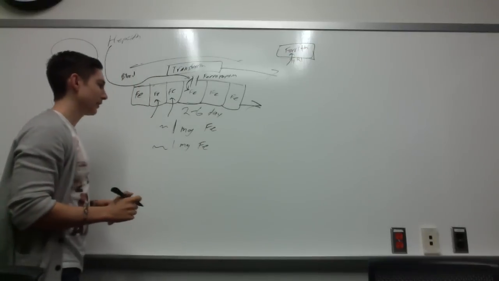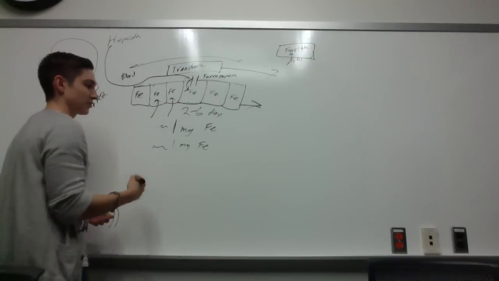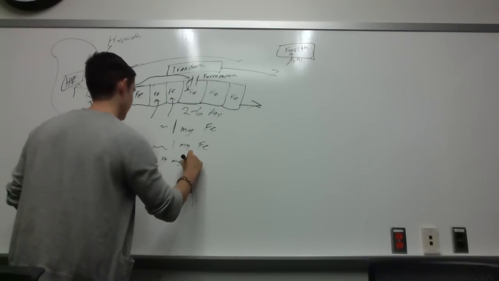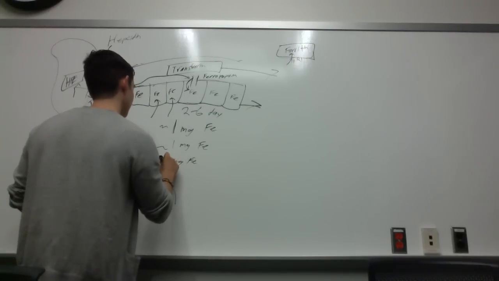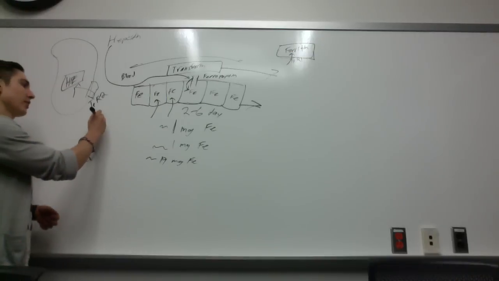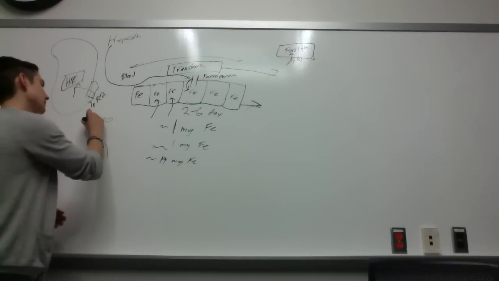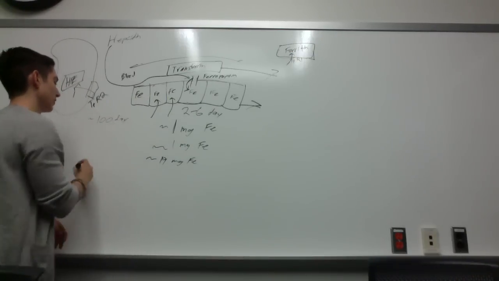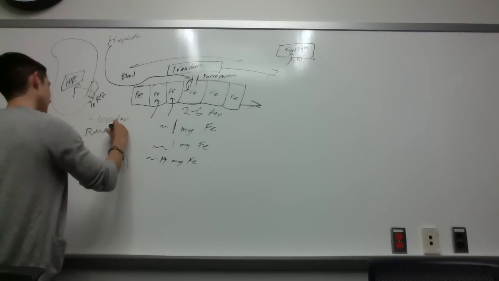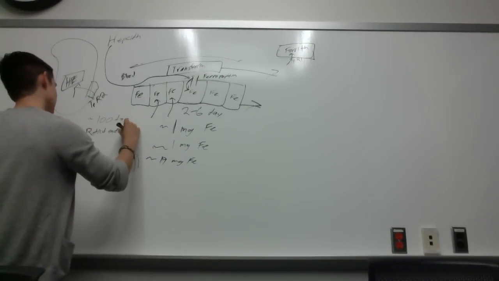And then the rest of it is actually recycled. So approximately 19 milligrams of iron is recycled. So the hemoglobin is recycled. So when red blood cells reach approximately 100 days, they will be absorbed by reticuloendothelial phagocytes.